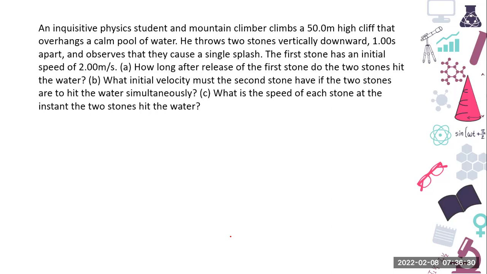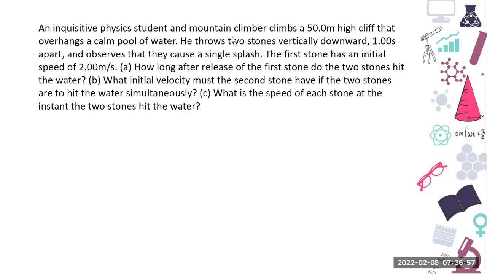I mean, different equations. Okay, the last one: an inquisitive physics student and mountain climber climbs a 50-meter high cliff that overhangs a calm pool of water. He throws 2 stones vertically downward, 1 second apart, and observes that they cause a single splash. The first stone has an initial speed of 2 meters per second.